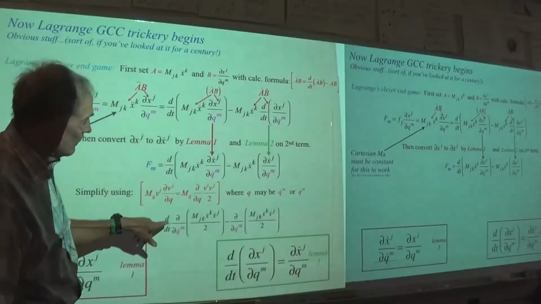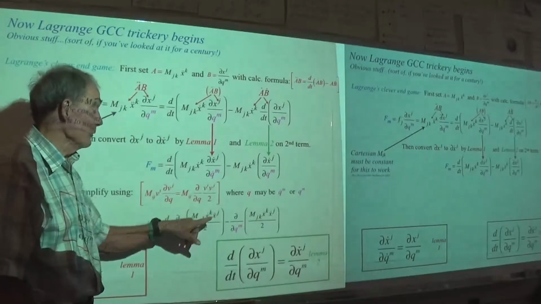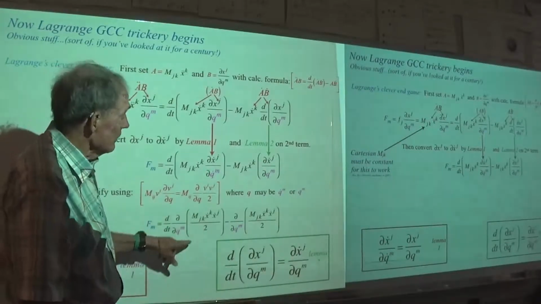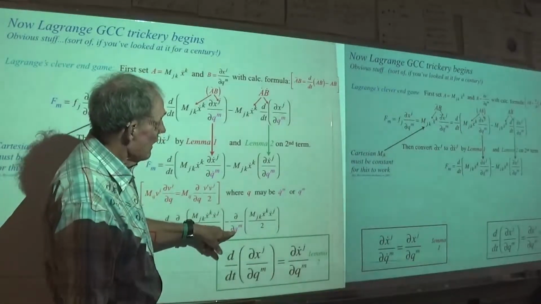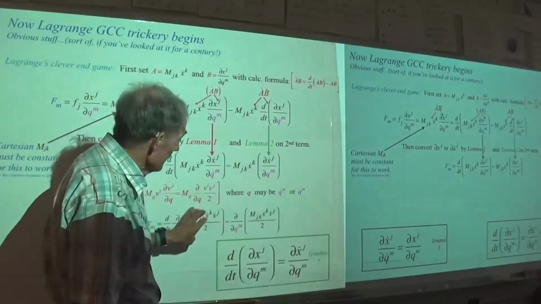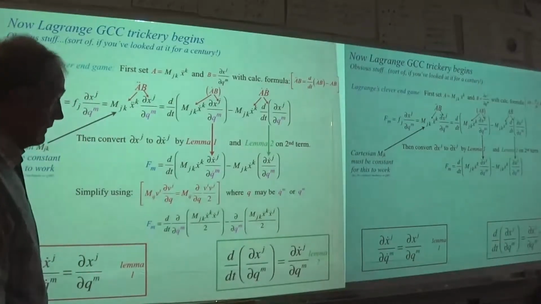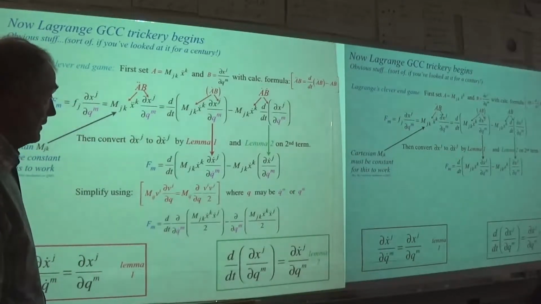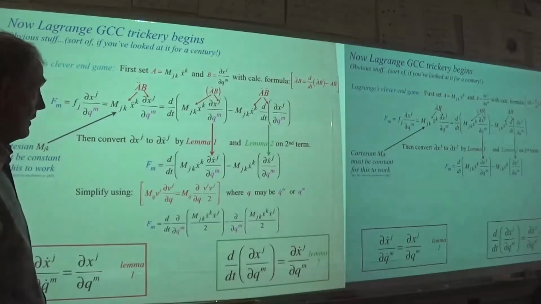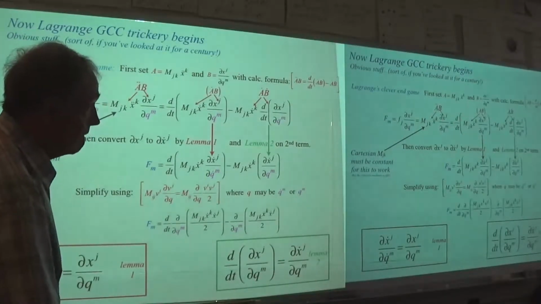So you end up here with a derivative with respect to velocity of m velocity squared over 2, and here's the coordinate derivative of m times the velocity squared over 2. Kinetic energy in both cases, okay? And that's the Lagrange equation for force, acceleration effect, for Newton 2, okay?